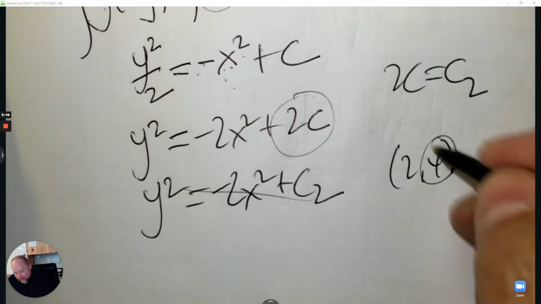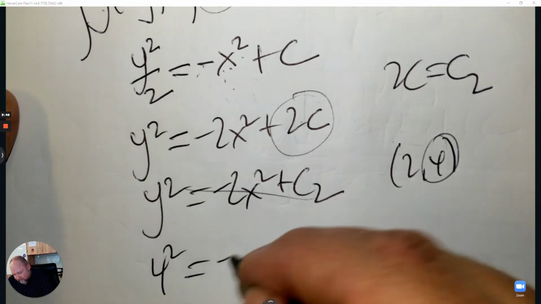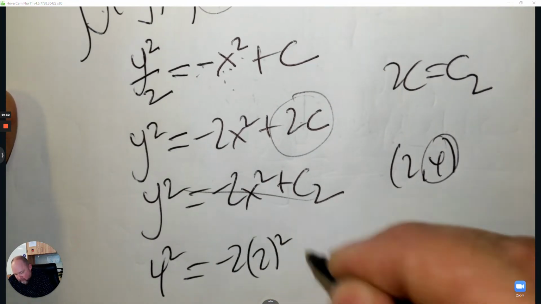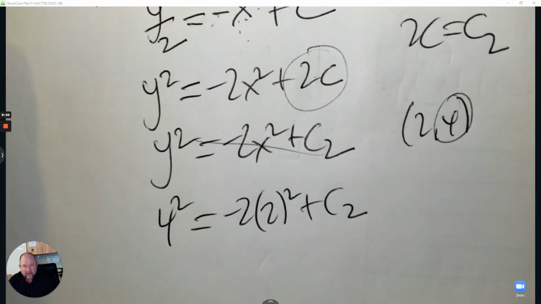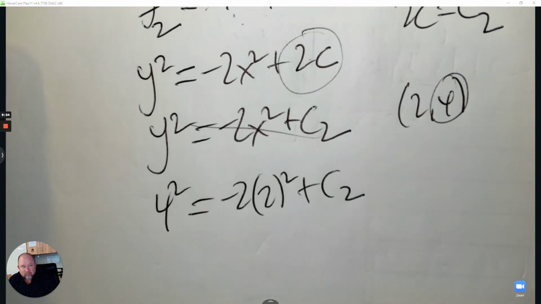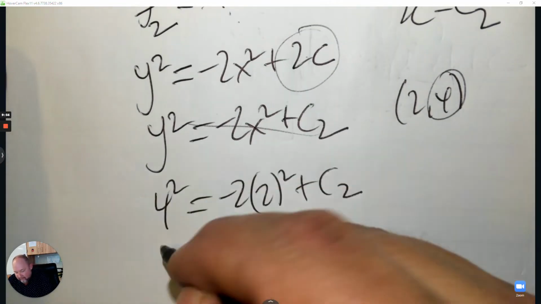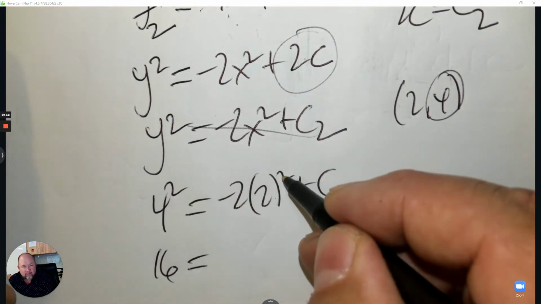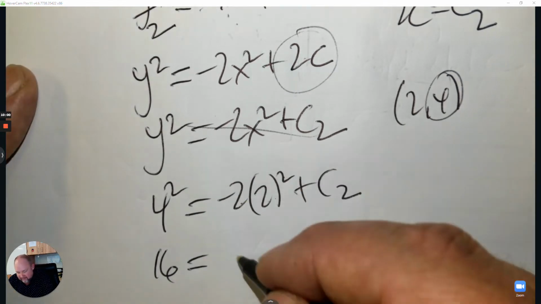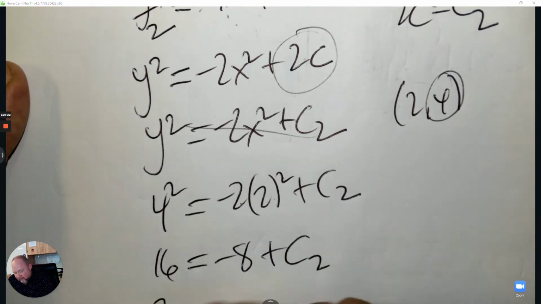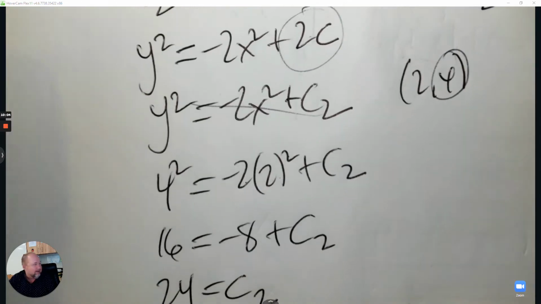So I'm going to plug in the y coordinate, the x coordinate, and now I'm going to solve for the constant. So we have 16, this is what? 4 times negative 2. I hope that's negative 8. So when I solve for the constant, add 8, I get 24.